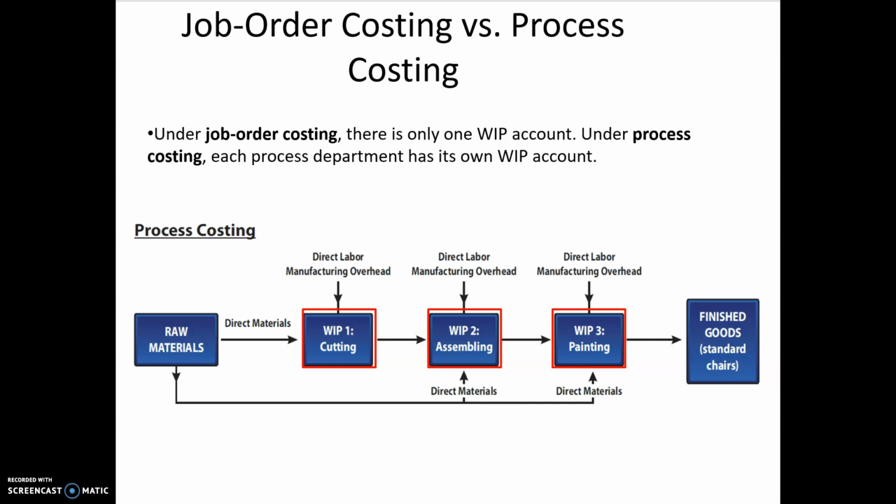When they're all assembled, the units move on to painting, the costs move with the units. They come out of work in process assembling, they go into work in process painting. So that's a big difference between job costing and process costing. And whereas job costing had the job cost report, process costing is going to have a cost of production report for every department.